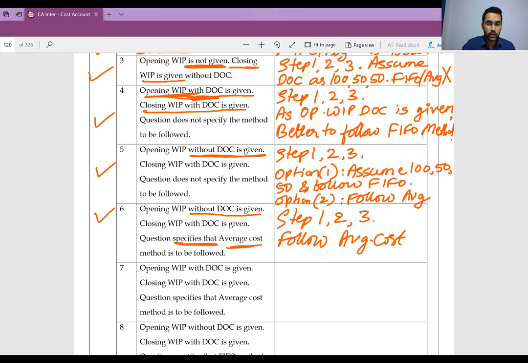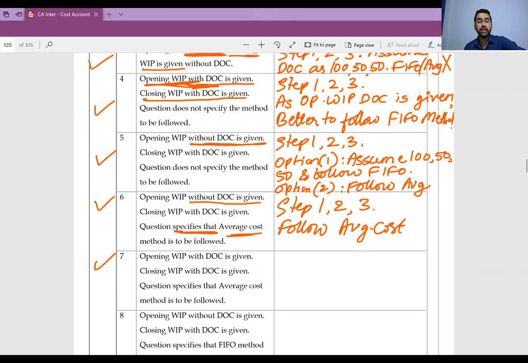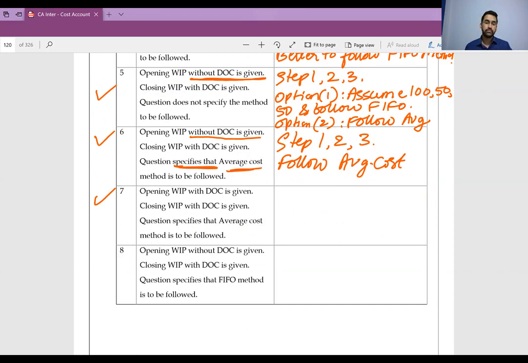Right. Question number 7. Opening WIP with the DOC given. Closing WIP with the DOC given. That means step 1, 2, 3 should come. Okay, sir. Question specifies average cost method is to be followed. Now some students are happy. Why? Sir, they gave opening WIP DOC and question says average cost method.